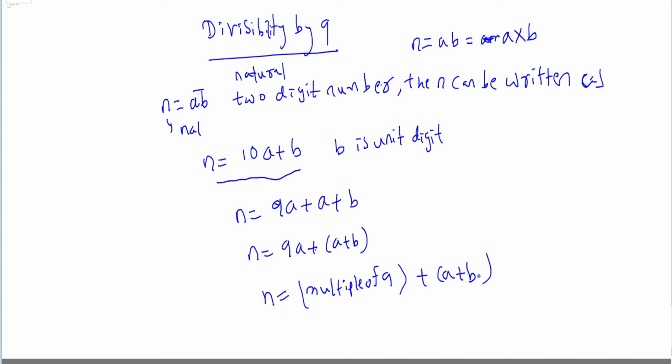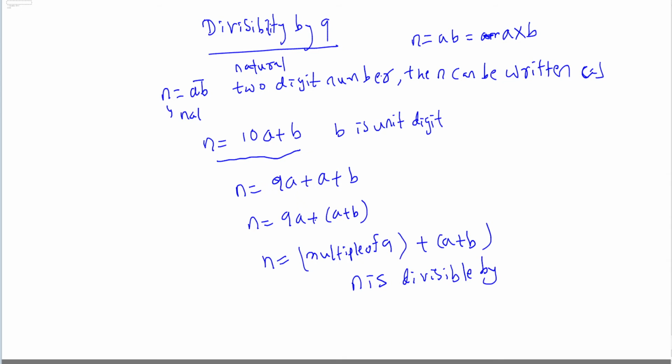Then, multiple of 9. See here what happens, definitely what is this actually, a plus b. Here n is divisible by 9 when this part is divisible by 9.